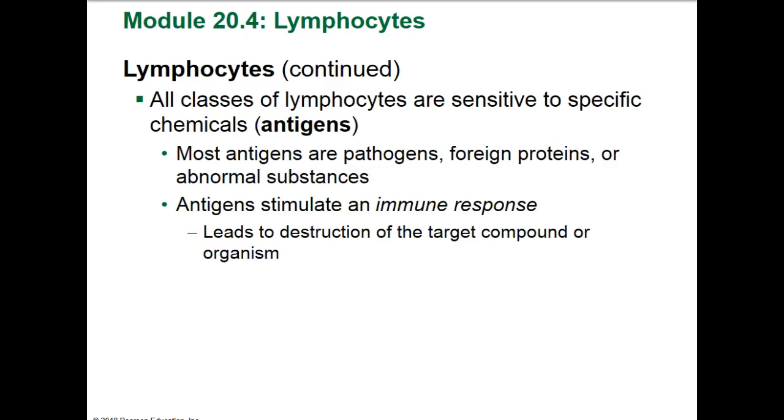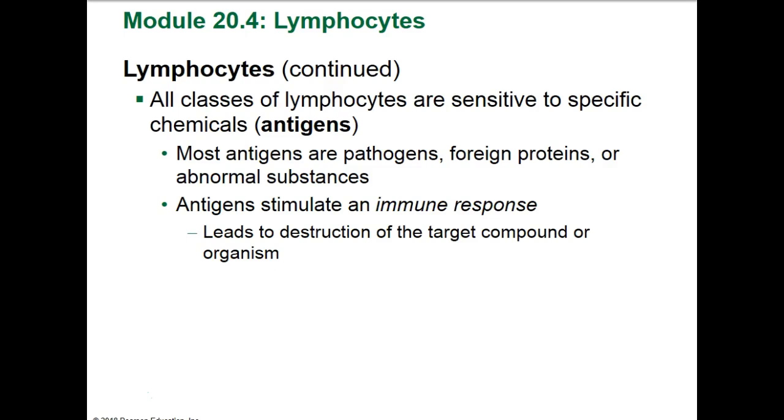But all the classes of lymphocytes are sensitive to specific chemicals we call antigens. So an antigen is something that is foreign. They're usually going to be pathogens, foreign proteins, or abnormal substances, and they stimulate an immune response, which will normally lead to destruction of the target compound, or if the organism is foreign inside of you.